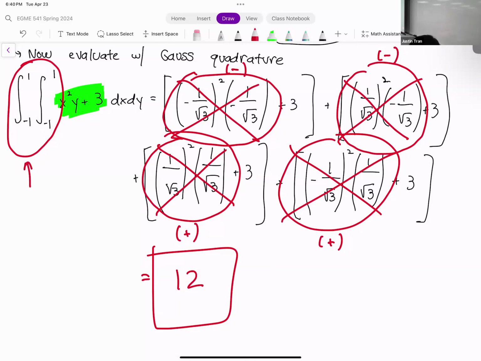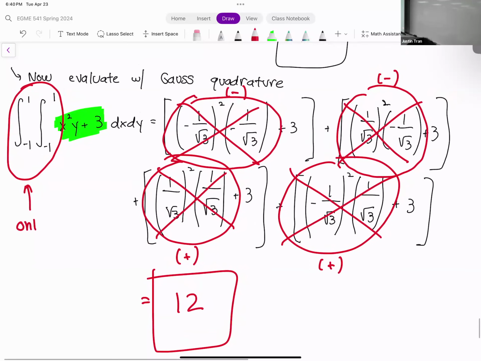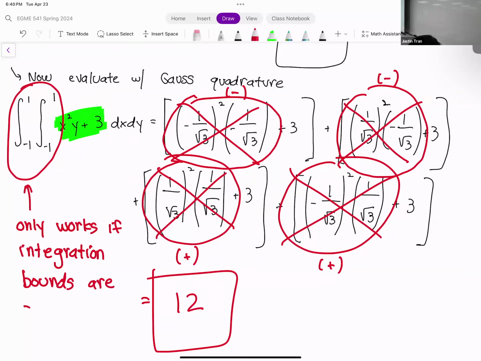If you have an arbitrary rectangular element, odds are you're not going to be integrating from -1 to 1.